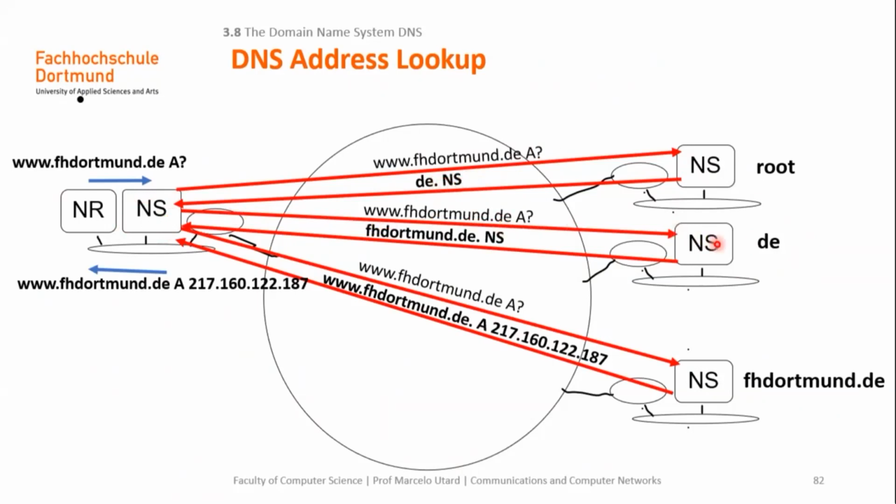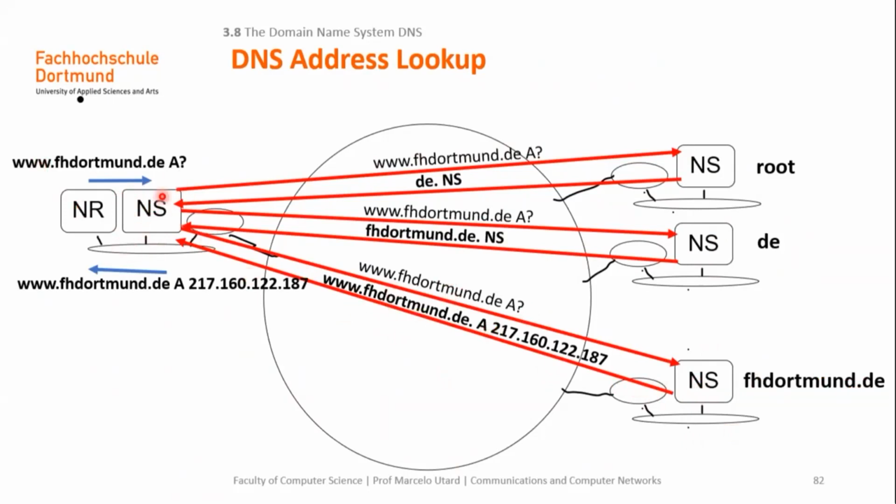And this name server then responds not with the information requested, but with the information about the name server and the address of the name server of the zone Fachhochschule Dortmund.de. Then finally, this local name server will query with an iterative query to this name server, and this name server will answer with the A record requested originally by the resolver.